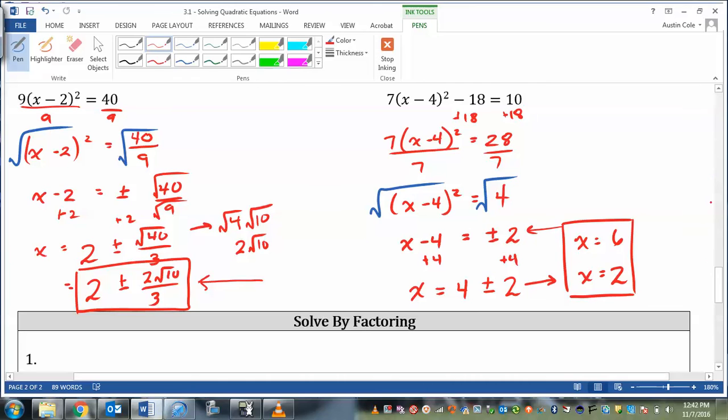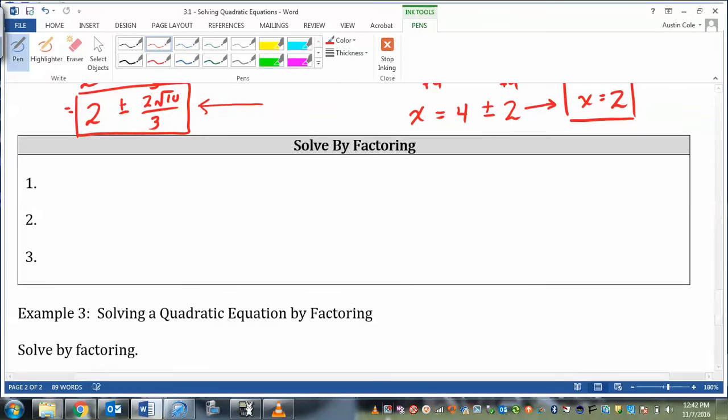So the next part is factoring, and we've already covered that. So our steps for factoring. The first thing is this. We need to solve the equation, or I will just say get the equation equal to 0. The first thing we need to do is get it equal to 0.